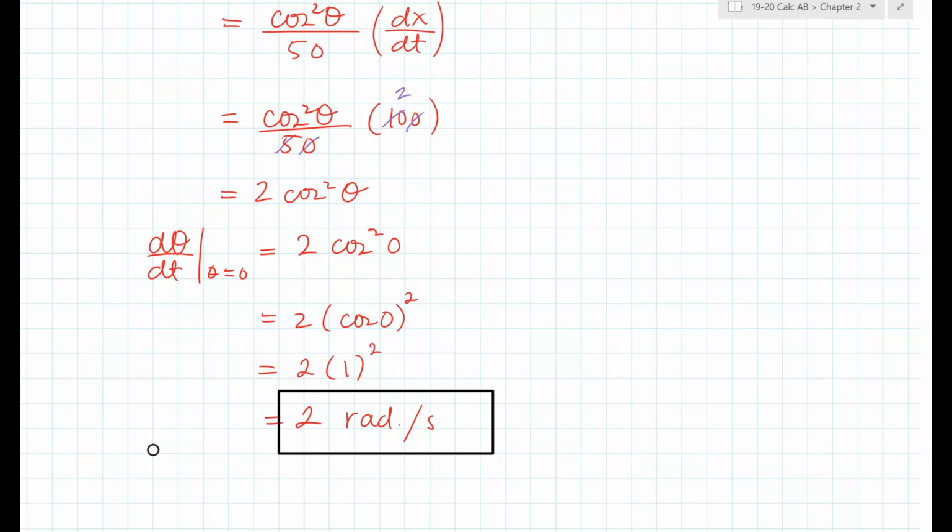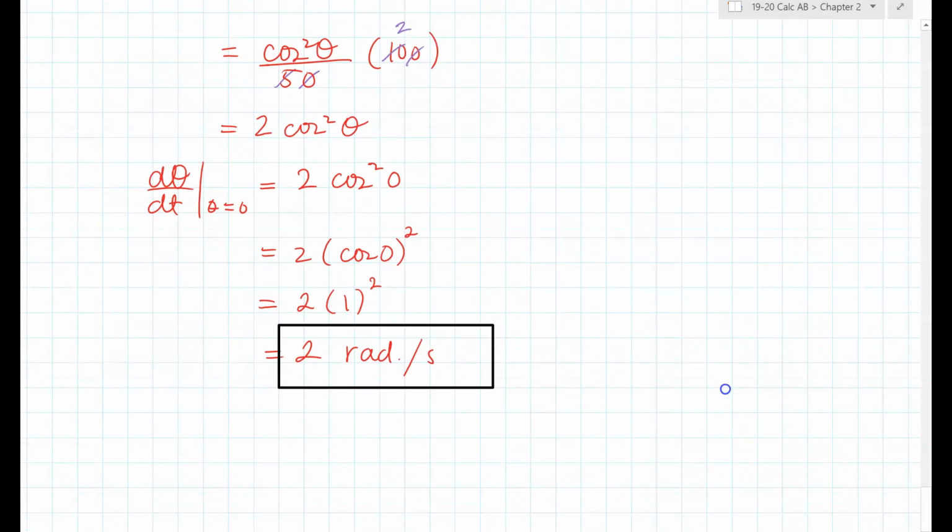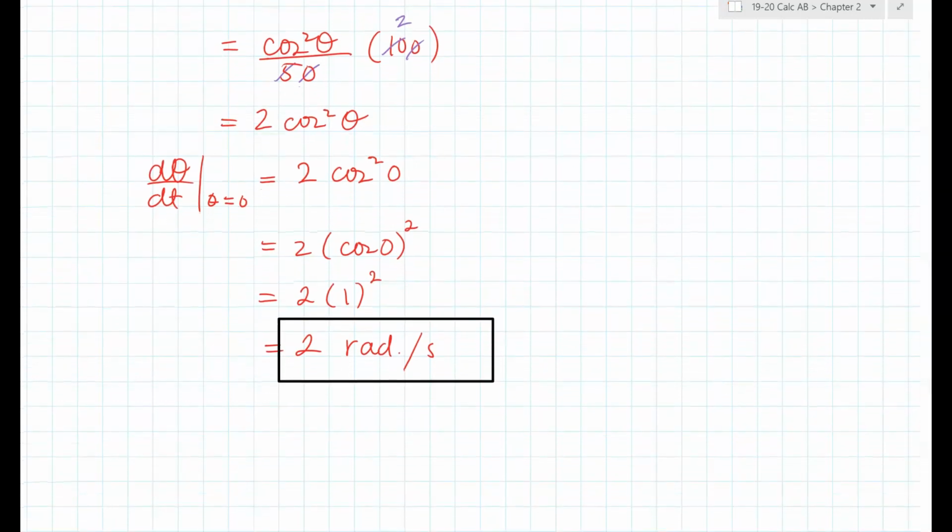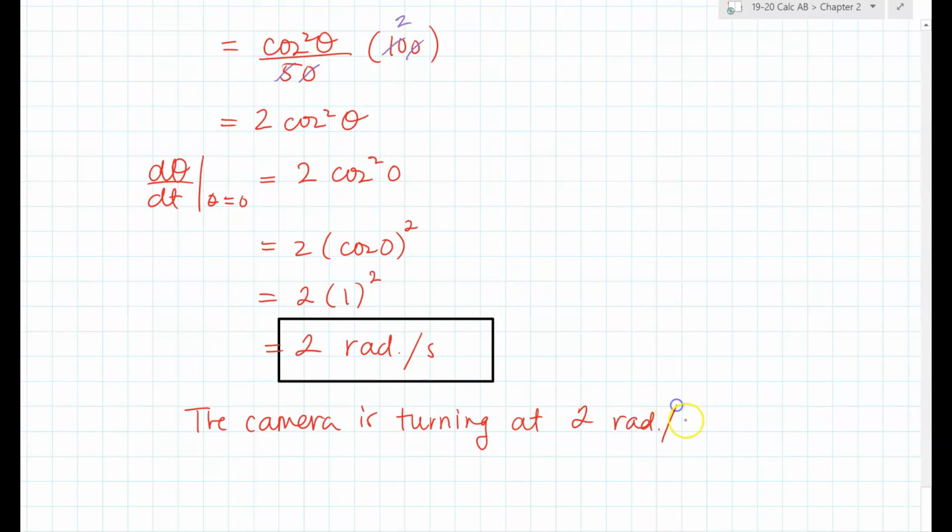So that's 0 degrees or 0 radians. So just write your sentence. It says, how fast is the camera turning as the car passes closest to the camera? Say the camera is turning at 2 radians per second when the car is closest to the camera.